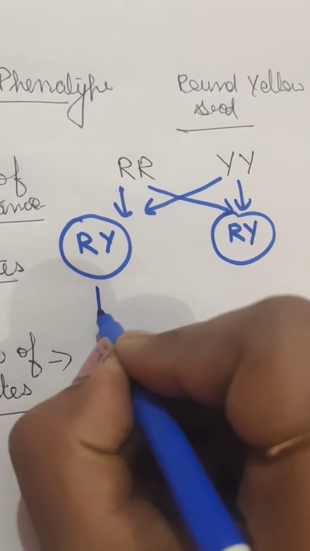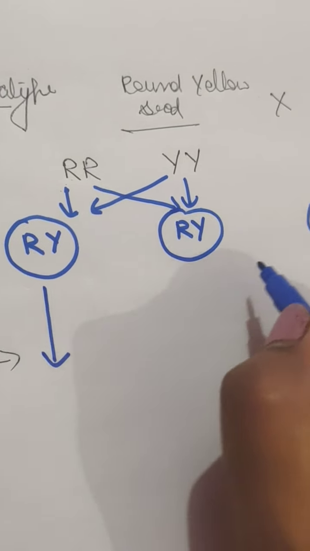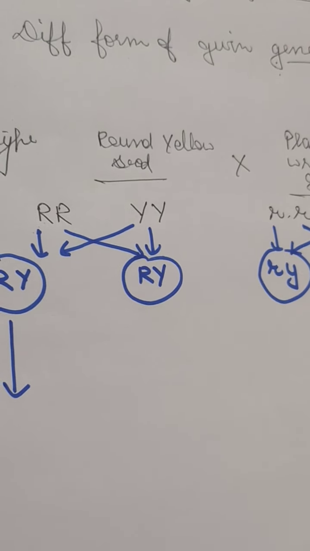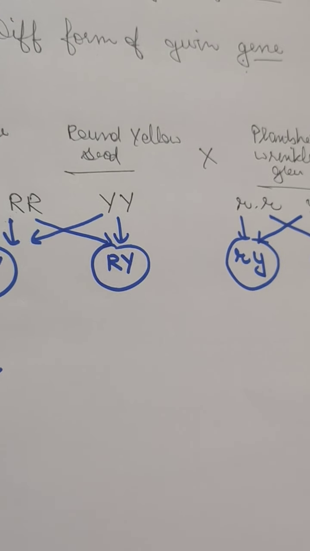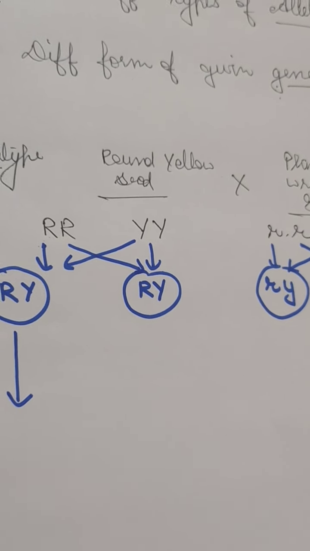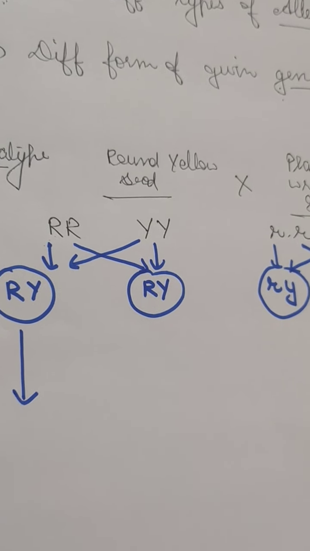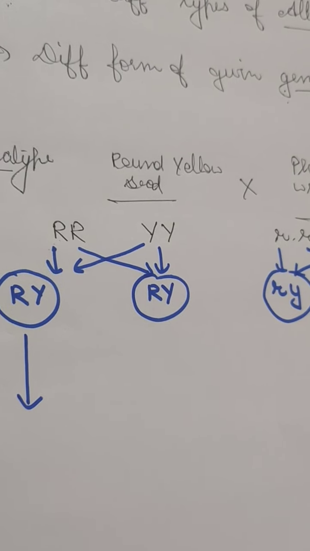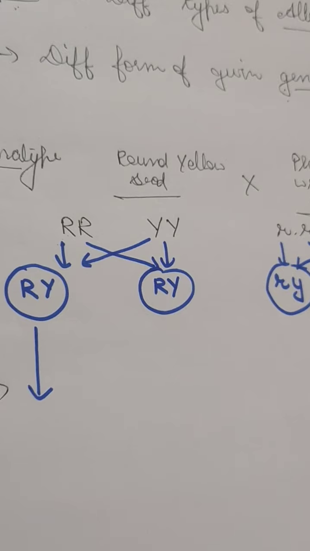Now this R and Y will combine with this small r, because we have to cross two different characters for two generations. Okay, because it's a dihybrid, so it will be the first parental generation, and then we'll get the F1 generation, and then the F1 generation will again crossbreed, and we will get the F2 generation.